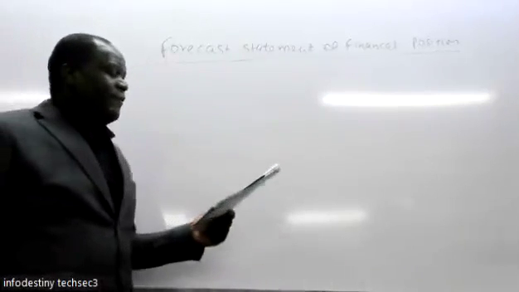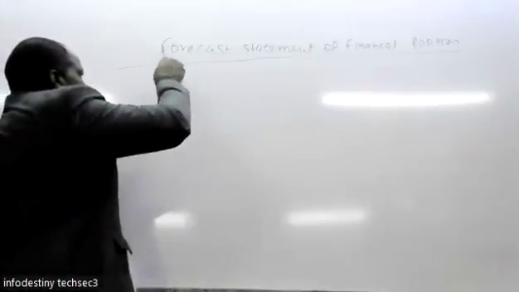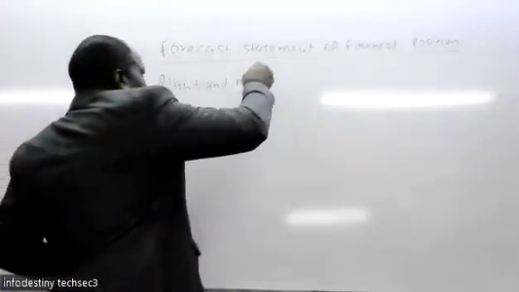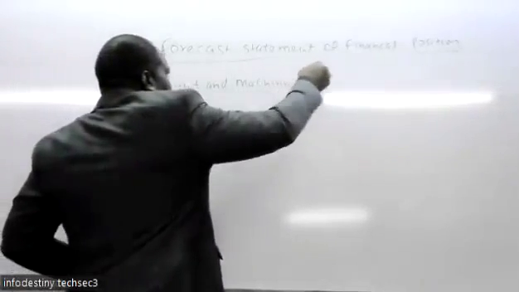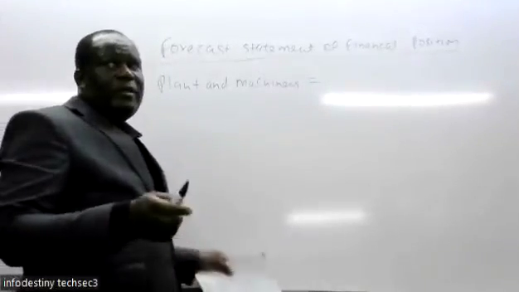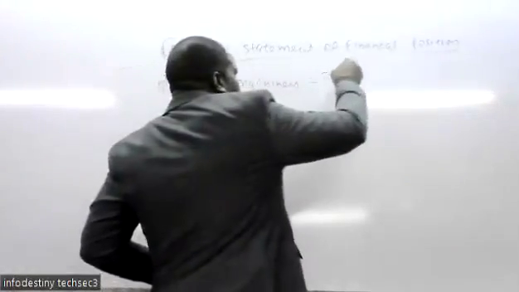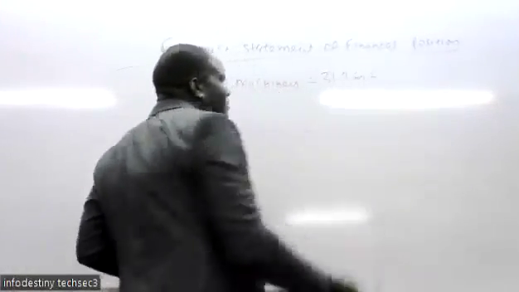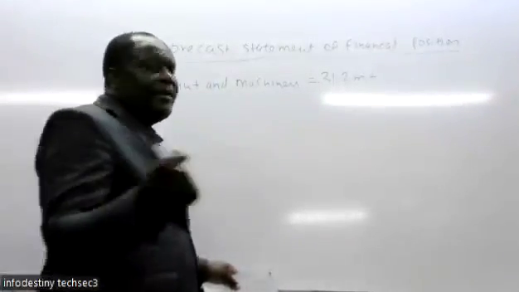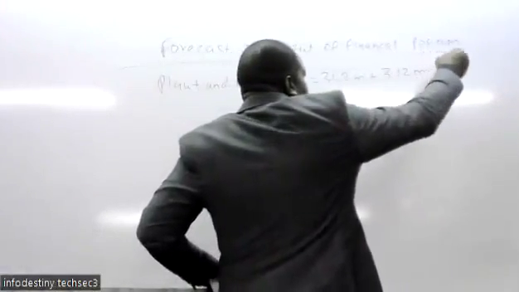So we start off with plant and machinery. For plant and machinery, we are given 1.2 million. Plus the calculated increase, 3.12 million.